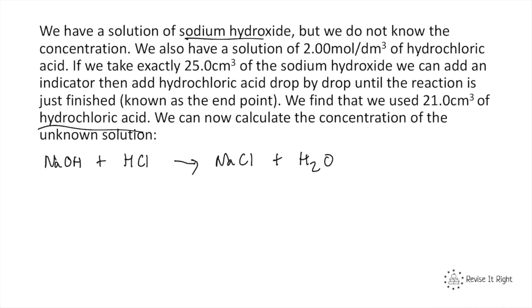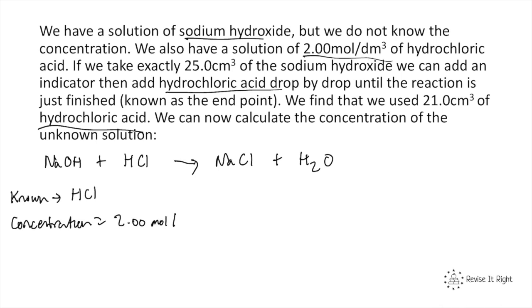Okay, let's go through the answer then, and as ever we're going to start with our known. Our known in this one is our hydrochloric acid. Now the concentration of the hydrochloric acid is going to be 2 moles. So that's our concentration. And then our volume, if we look, is of course 21 centimeters cubed of hydrochloric acid.